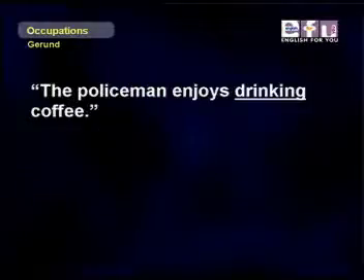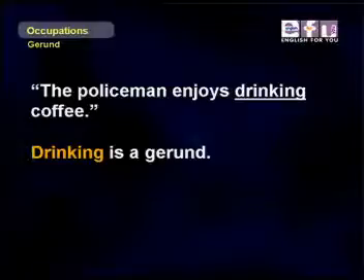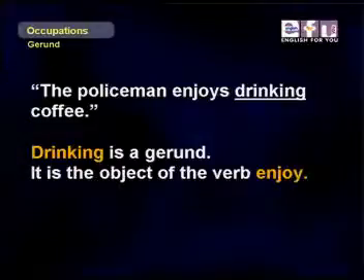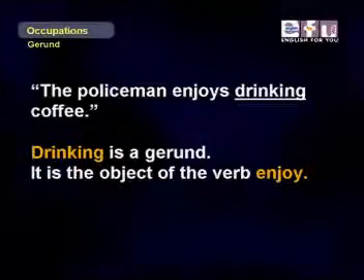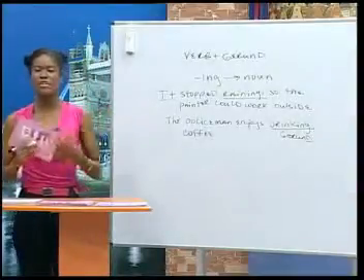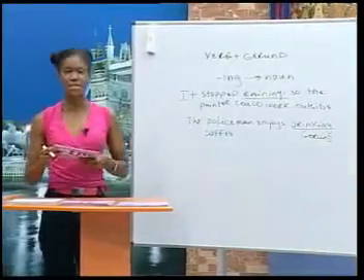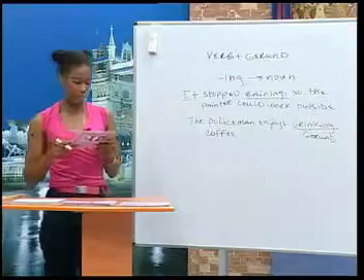The policeman enjoys drinking coffee. Okay, now in this example, drinking is the gerund, the object of the verb enjoys. Gerunds can also be used with negative sentences. Let's look at some examples.